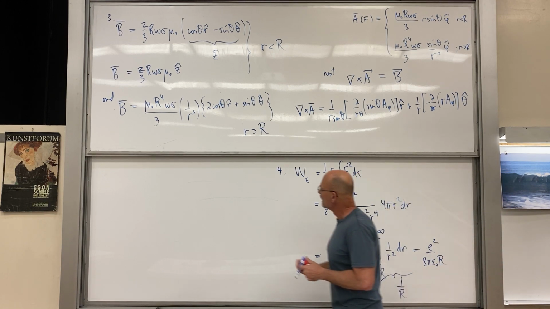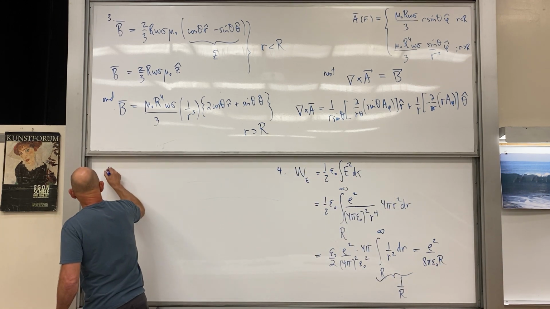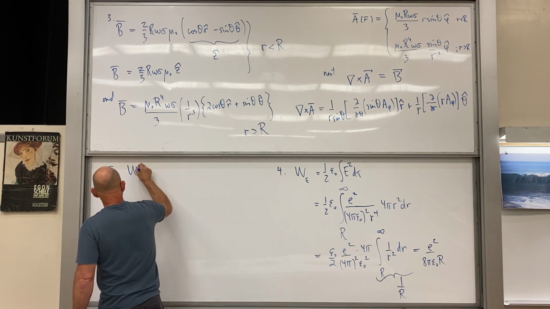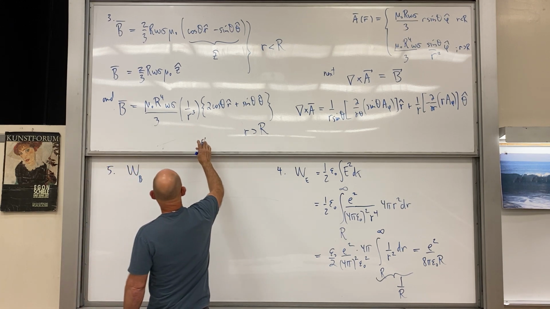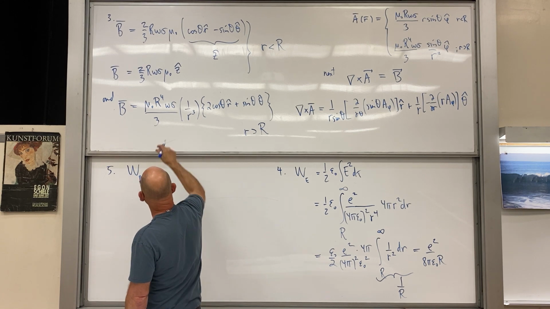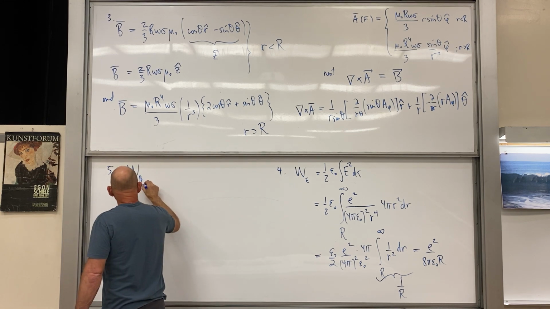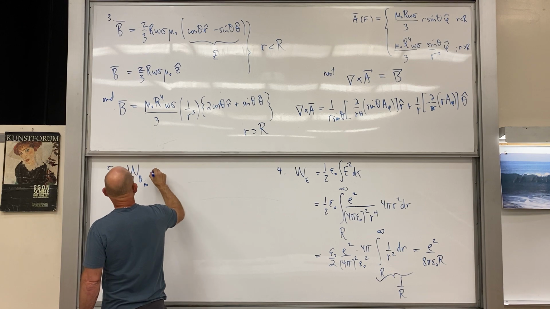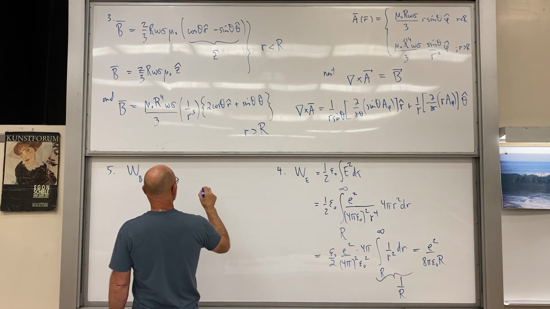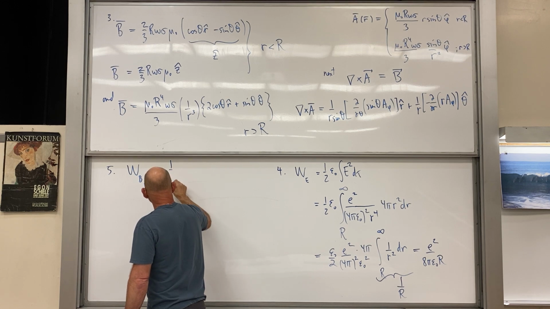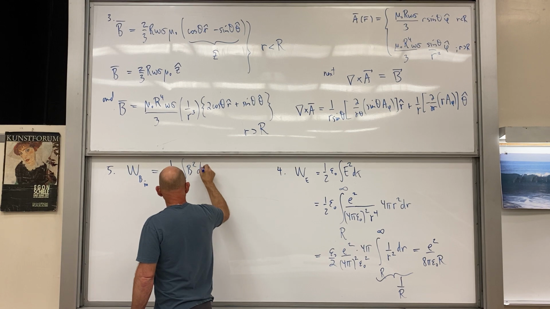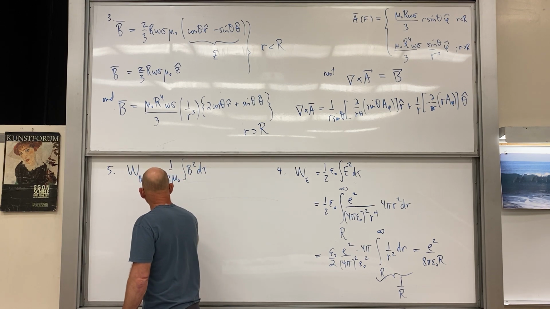Okay, so now we need the energy of the B field, but we have two components of the B field, so we have to deal with the inside and the outside. Inside the sphere shouldn't be bad at all. We have 1 over 2 mu naught integral B squared d tau.